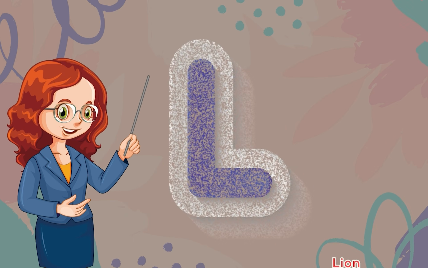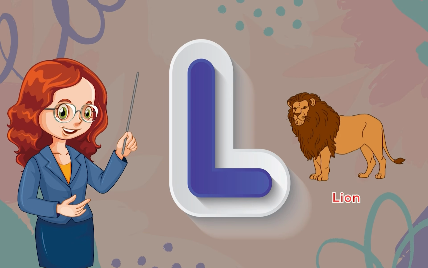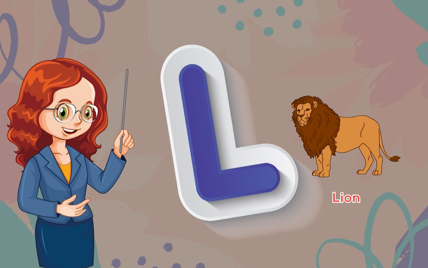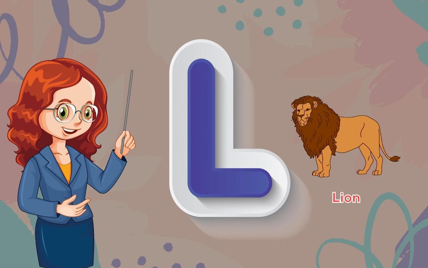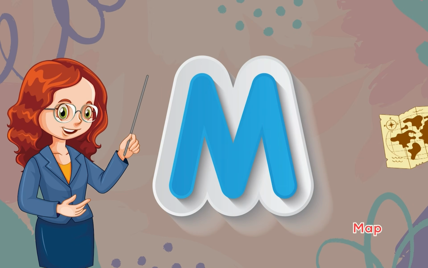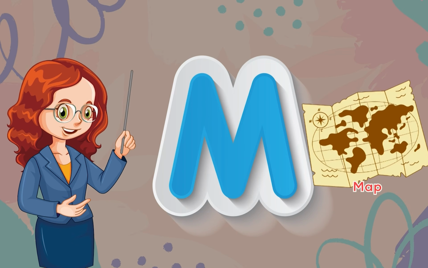This is an L. What's the sound of L? L, L, L. That's the sound of L. This is an M. What's the sound of M?